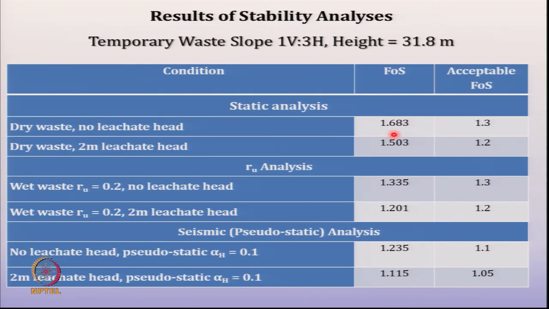Here we got 1.683, 1.5, more than 1.2, and like this we got the factors of safety with RU fine, with RU and leachate head fine, and so on, and so included pseudostatic where this was better than the acceptable factor of safety. So the temporary slope with circular failure surface was fine, no issues.